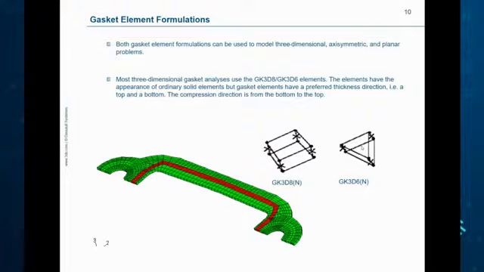And it's almost always the case that gasket meshes have 1 gasket element through the thickness, as you see here. The different colors in this gasket mesh represent different gasket behaviors, as they're called. So the red mesh has a different gasket behavior from the green mesh.